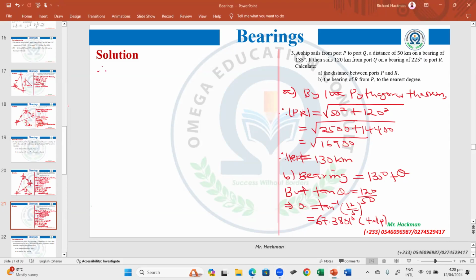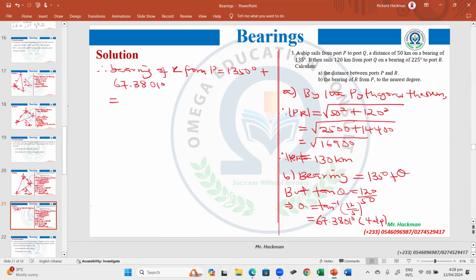Therefore, my bearing of R from P will be equal to 135 degrees plus the size of that angle, 67.3801 degrees.